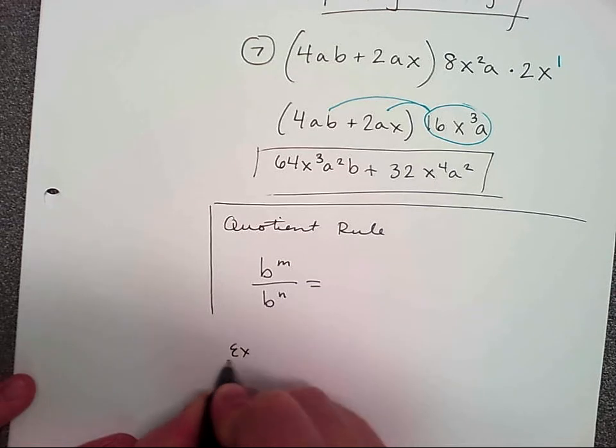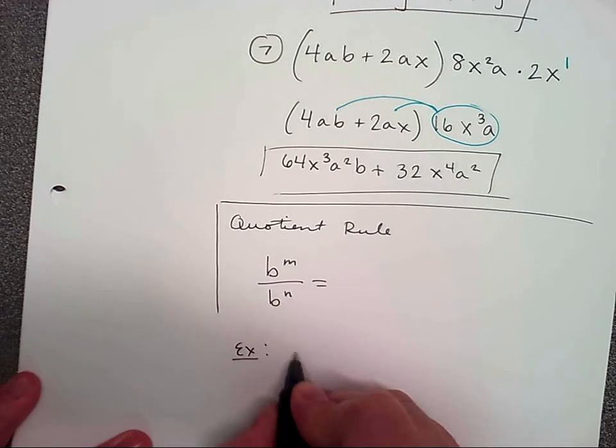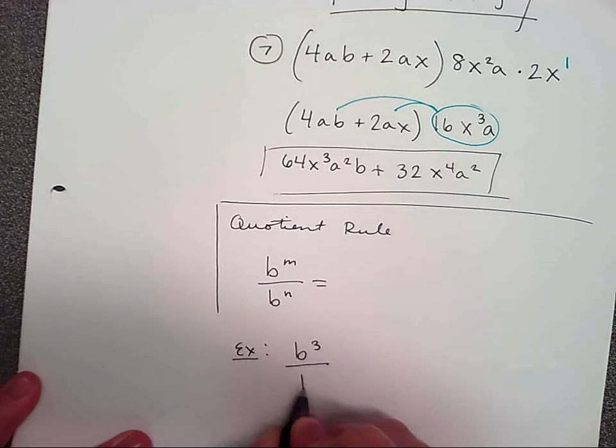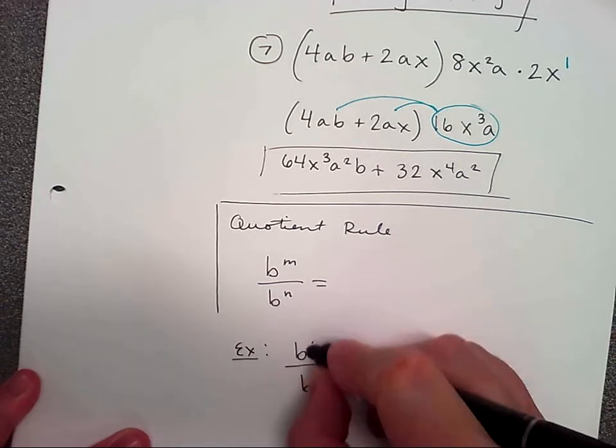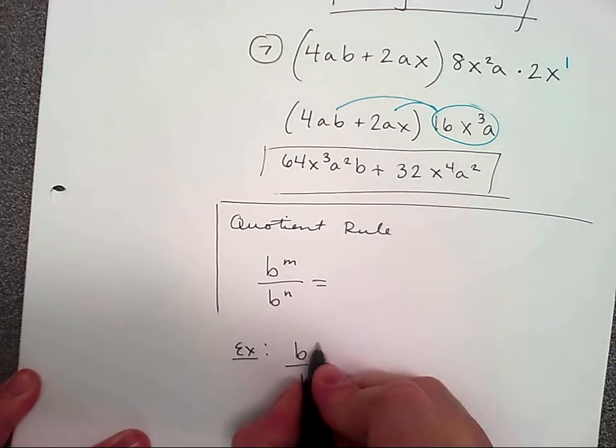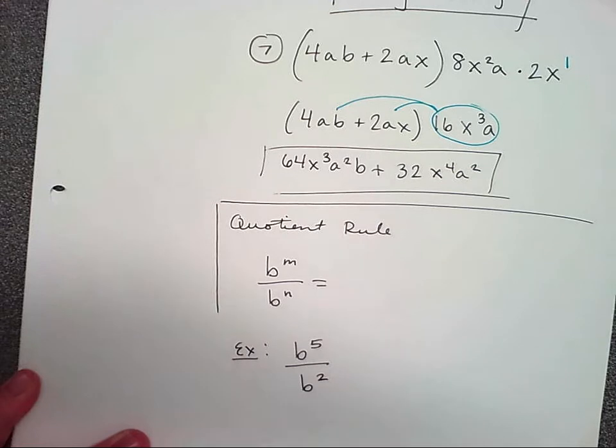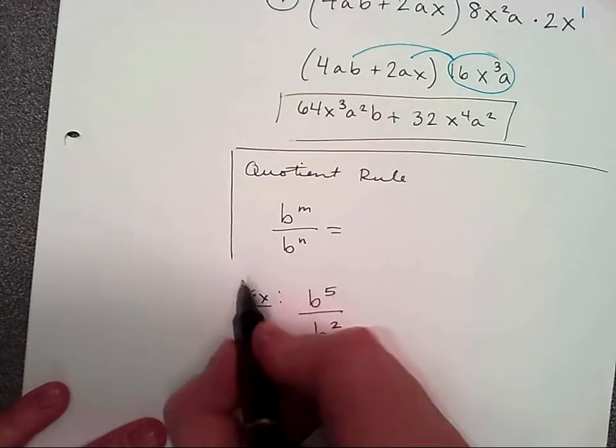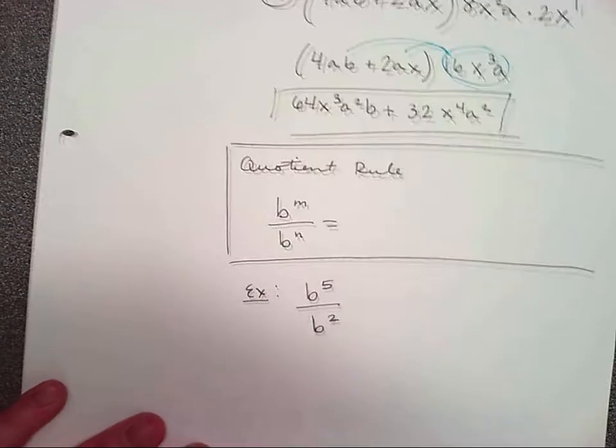Let me write down an example. b to the 5th over b squared. Oh my gosh, I can't remember. What is the rule? I'm on a test.